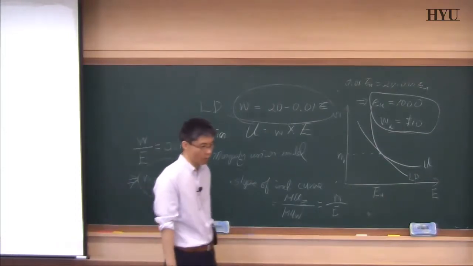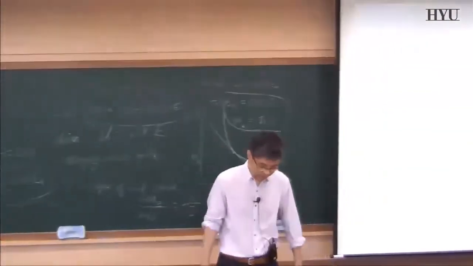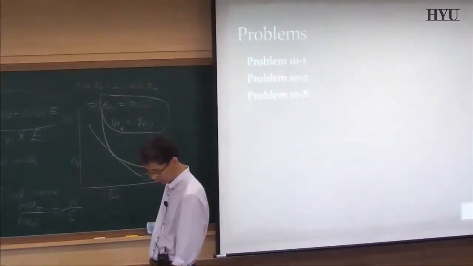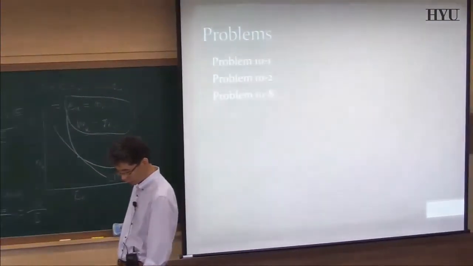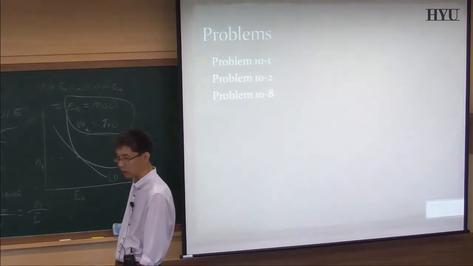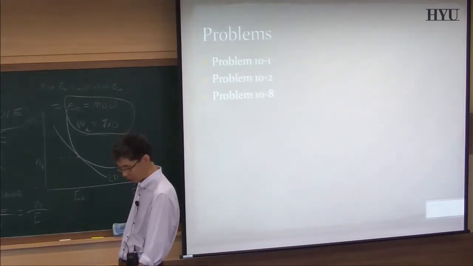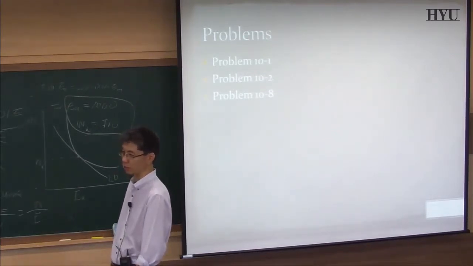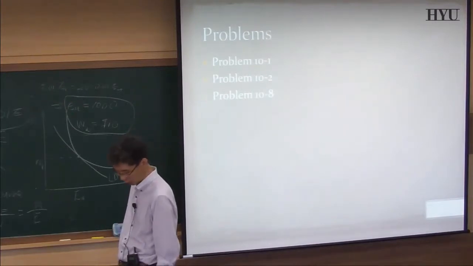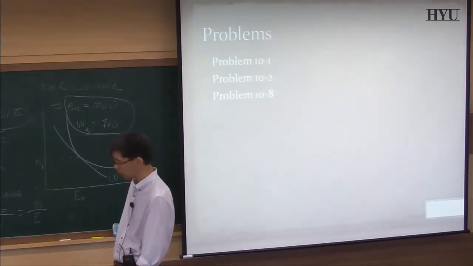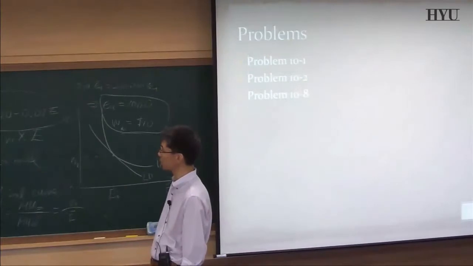And 10-2 is basically the same question, but there is a slight difference. In 10-2, the only thing that differs from 10-1 is that the utility function is (W minus W star) times E. W minus W star is the comparative wage. In that case, you can do basically the same calculation.